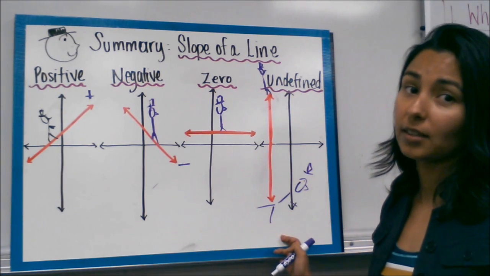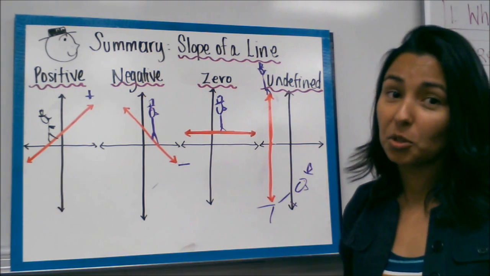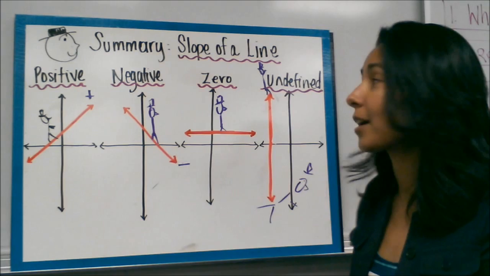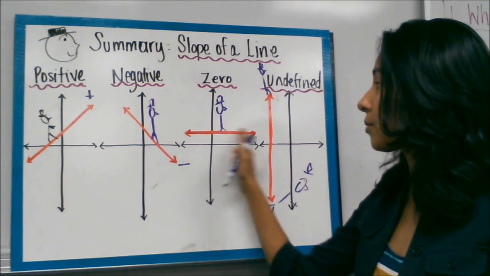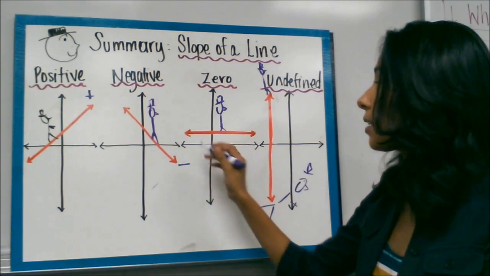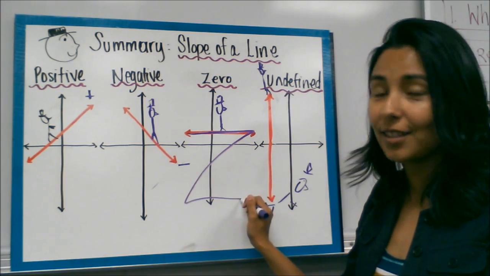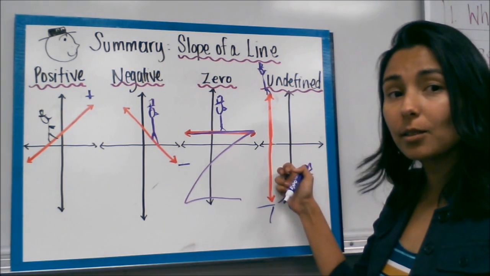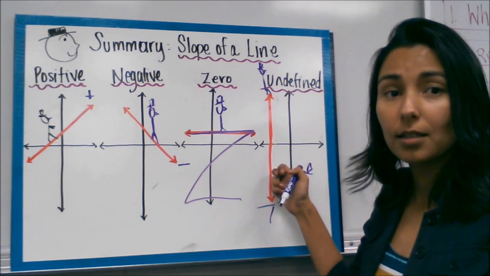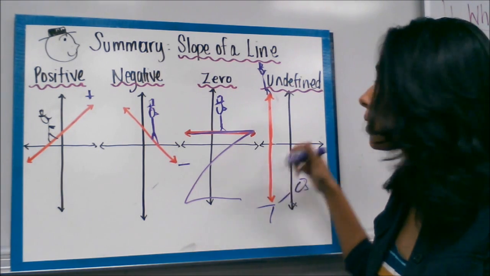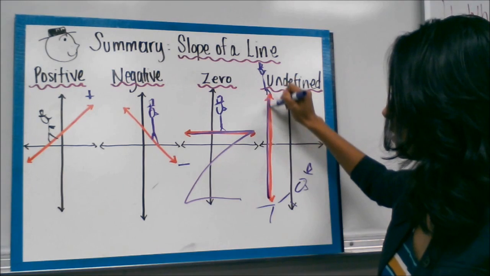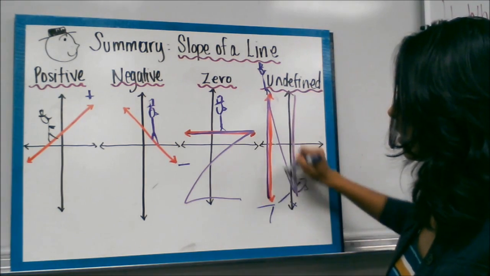Now he is undefined. It's a cute way to remember. Another way is a 0 slope is a horizontal line. It's the beginnings of the letter Z. An undefined slope is also known as a line that has no slope, and a vertical line is the beginnings of a letter N.